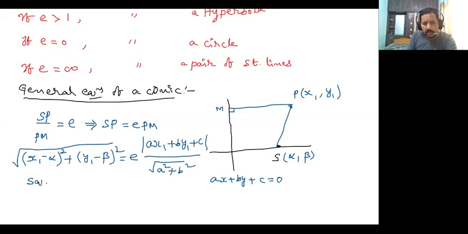Next, how to do that? Do squaring on both sides. After that, apply the cross multiplication also at a time. What we get?